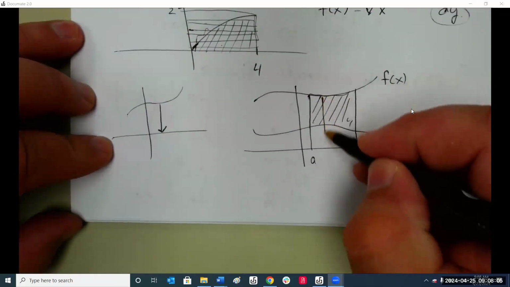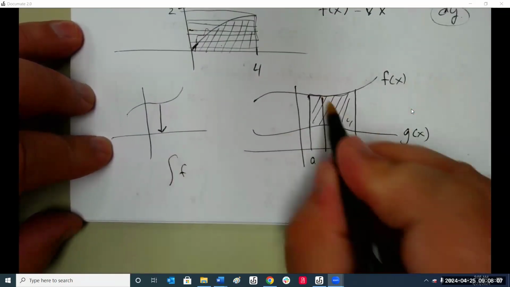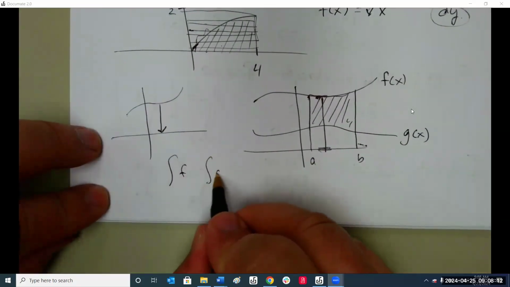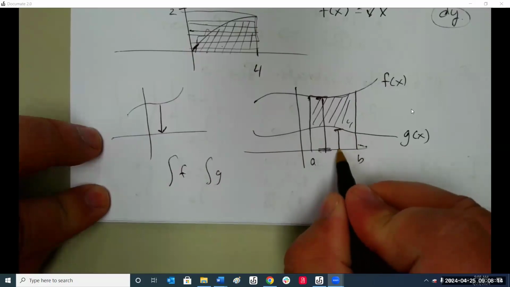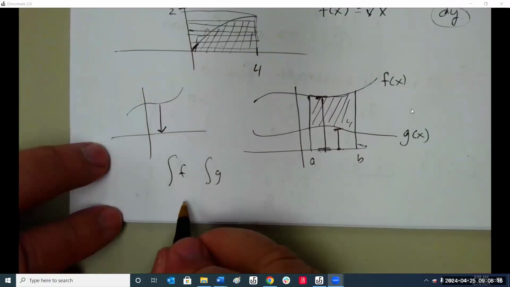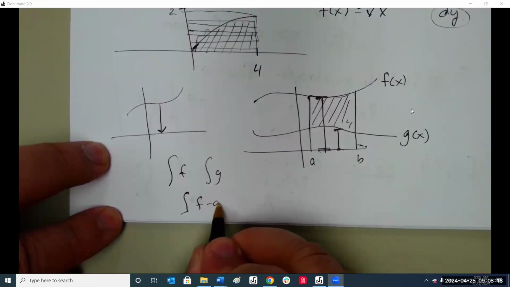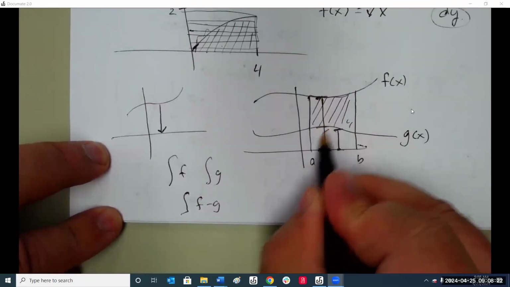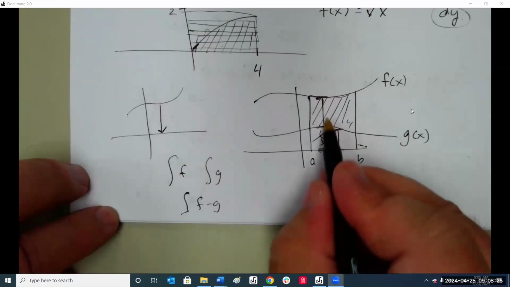Because the integral of f is from this to here, and the integral of g is from here to there. If I take f minus g, I'm taking this whole area minus this area, which leaves the middle part. Exactly.